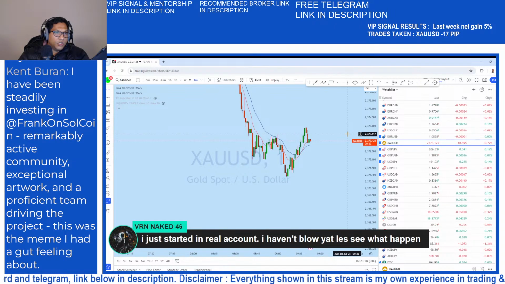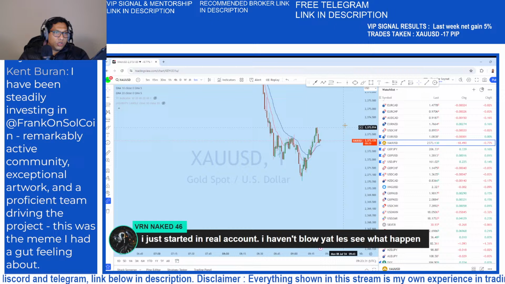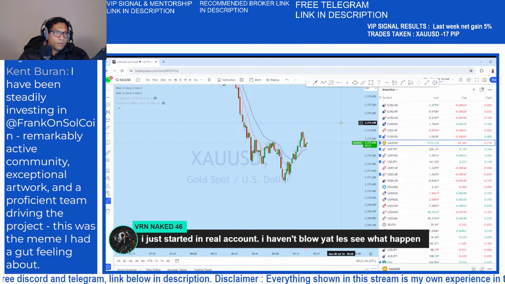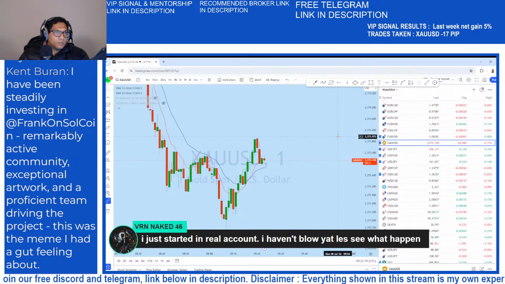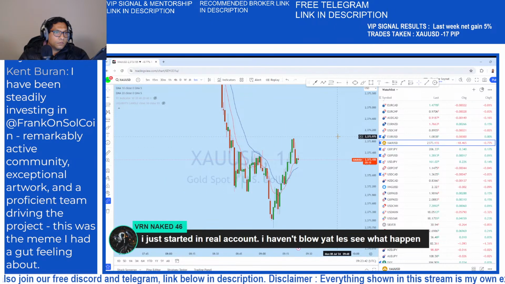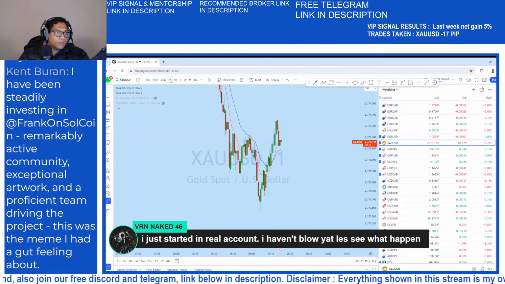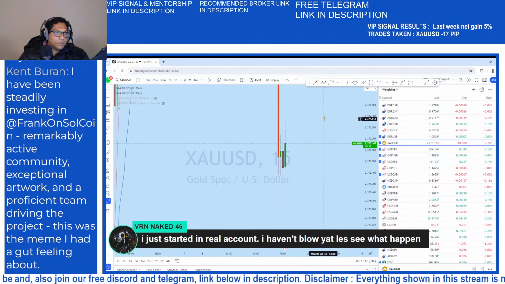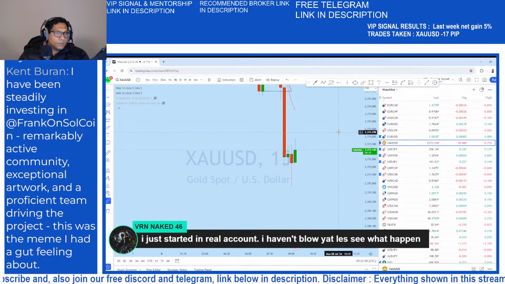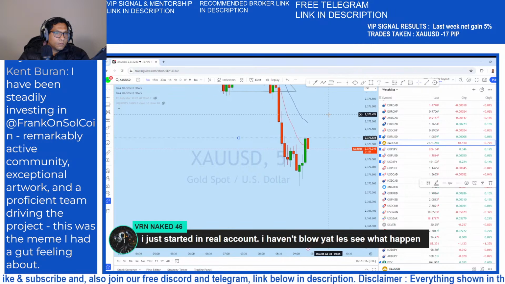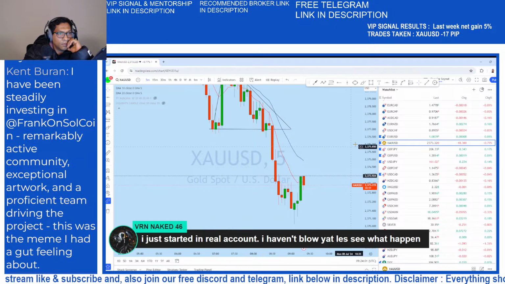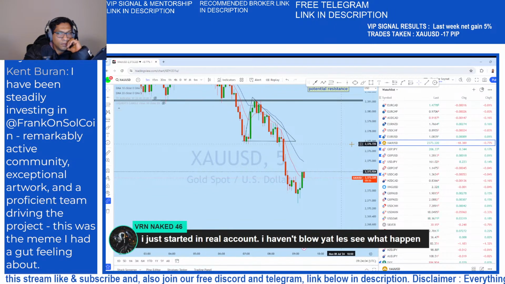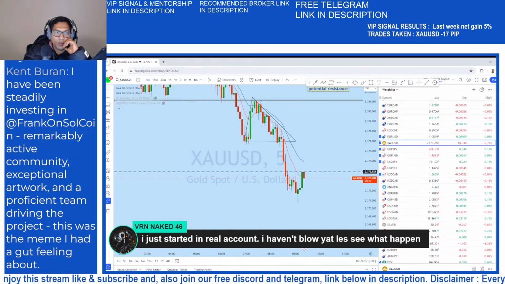So there is just a couple of pips here where we saw the liquidity trigger. We need to wait a bit more time to see the proper entry.